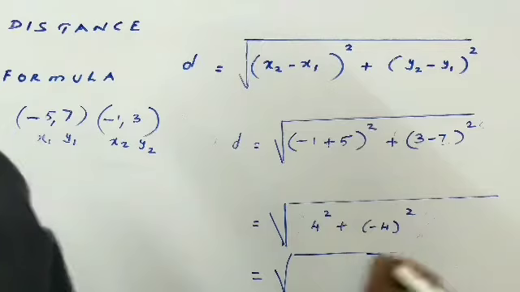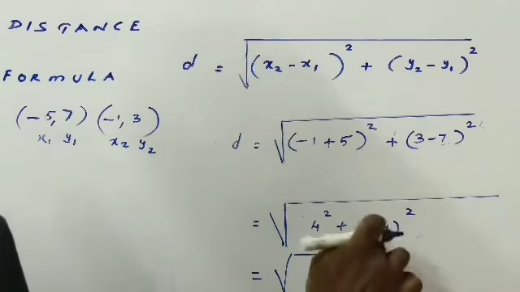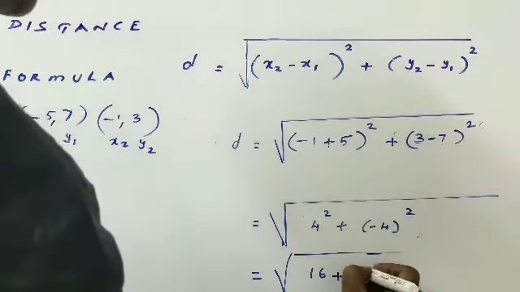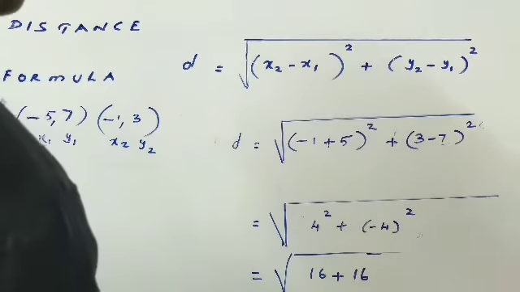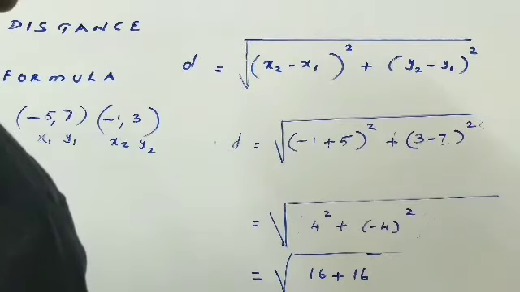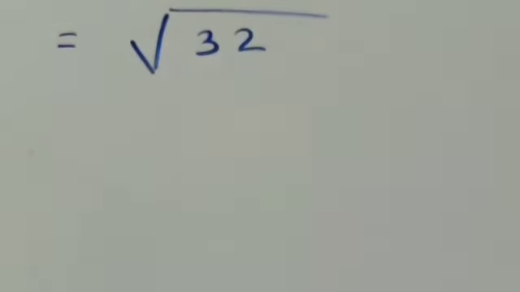Squaring 4 gives 16. Squaring a minus value gives plus. 4 square means 16. 16 plus 16 is 32. So we get root 32.